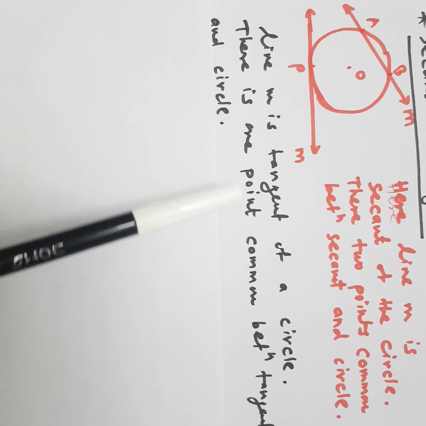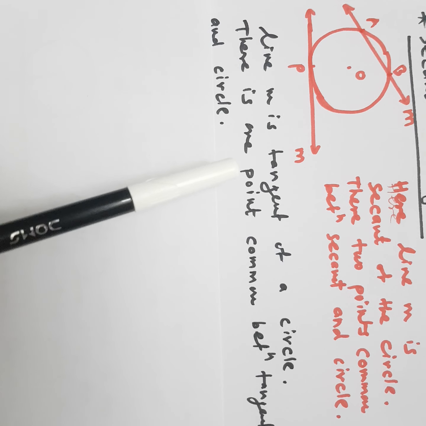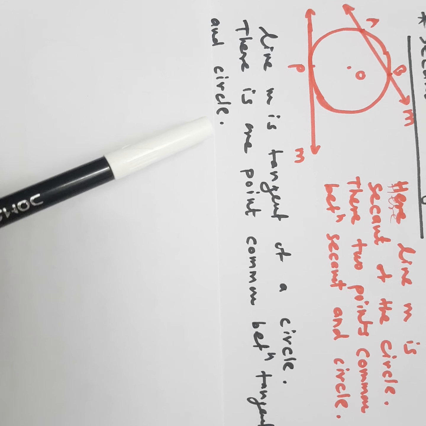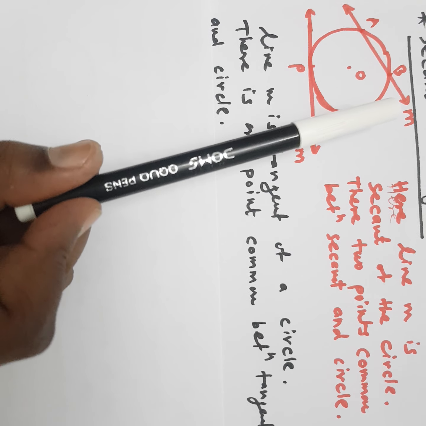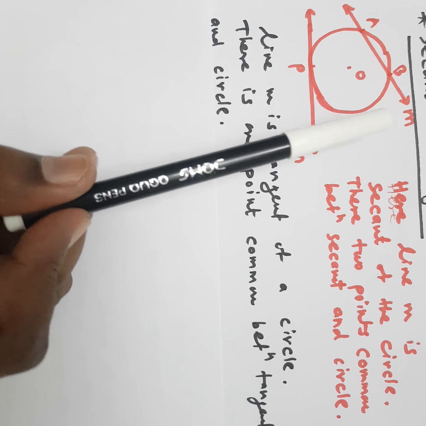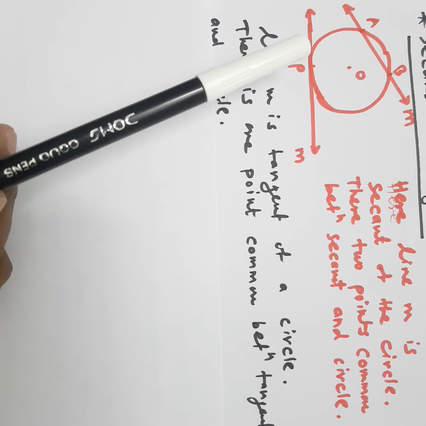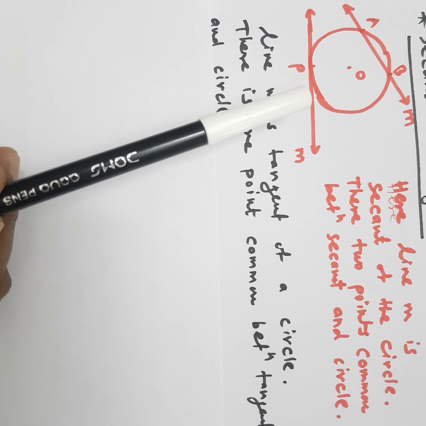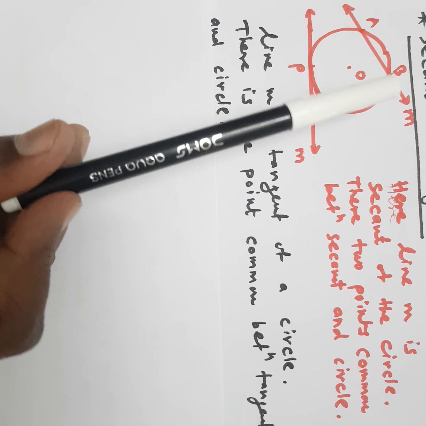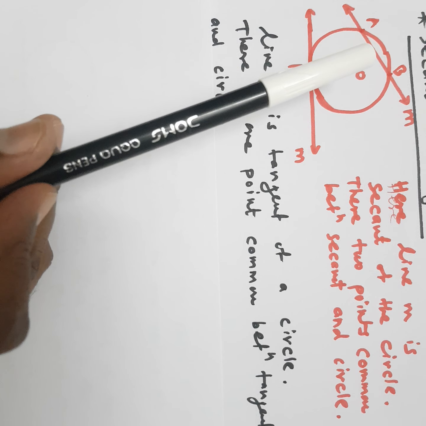There is one point common between a tangent and the circle. Therefore, this is the difference between tangent and secant: one point common between circle and tangent, and 2 points common between secant and circle.